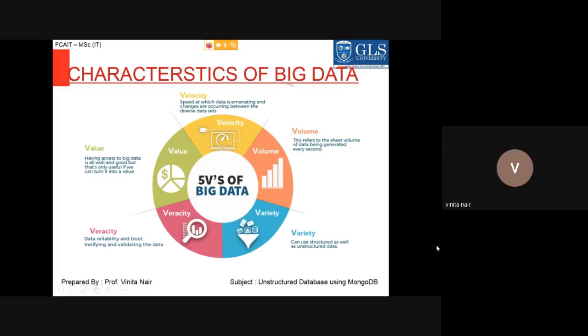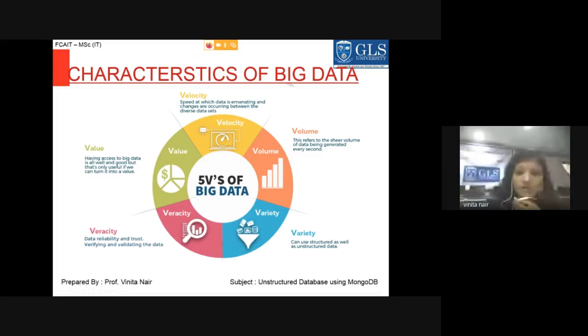We saw two of the characteristics, that was large volume and variety of data. But that is not the end. If I want to identify and differentiate data, I should at least know some characteristics of data in order to differentiate. So these are the parameters by which I can differentiate my regular data and my big data.